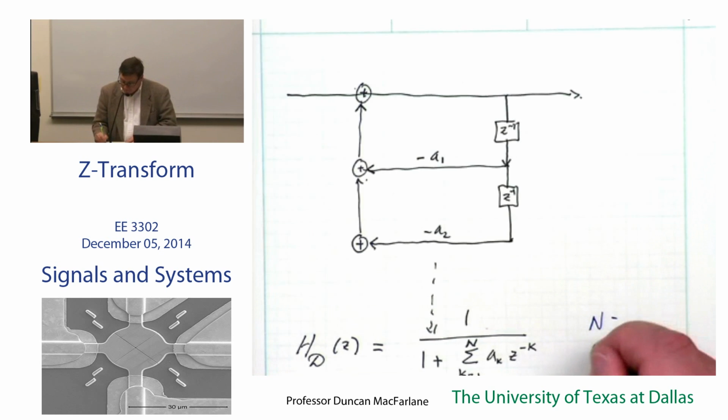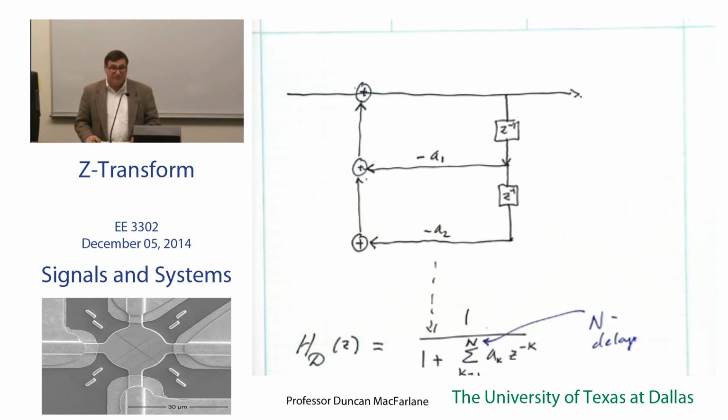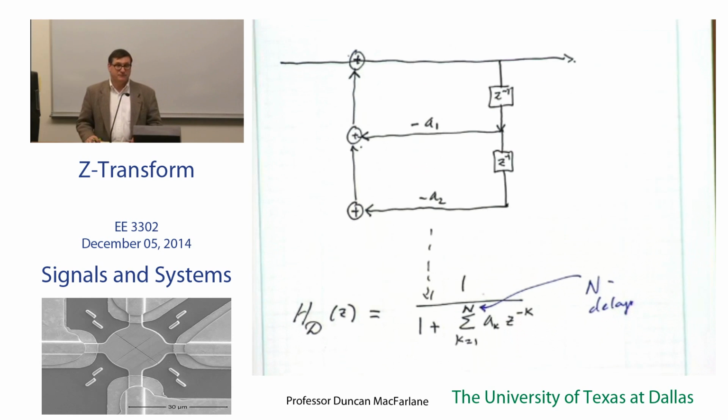N delays. Okay. So now you can see my h sub n and h sub d. One's a numerator, and the other's a denominator. Okay, because all the action is happening in the denominator part of this.